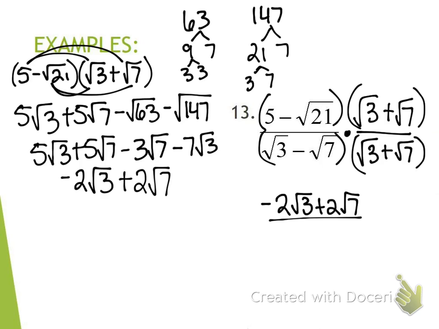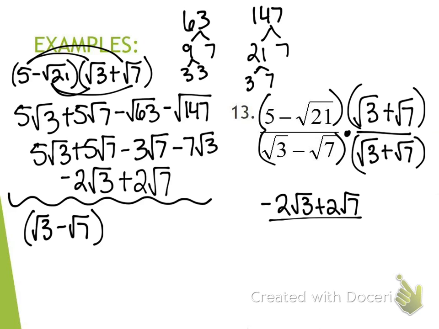I still need to know what's going to go in my denominator. Do we have questions before we work out the denominator? Nothing? Okay, then let's double distribute the denominator. Root 3 times root 3. Root 9.